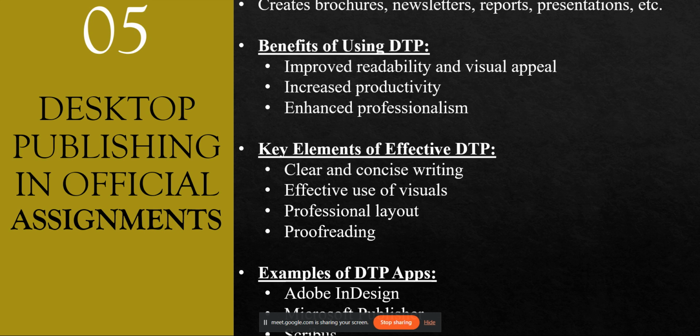Over here, we added things like effective use of visuals. We talked about having a professional layout, something that sells what you are trying to showcase. If it's a business or a brand that you're trying to sell, it should be in line with those colors, in line with those visuals. And you should proofread your documents to ensure that they do not have any careless grammatical mistakes.